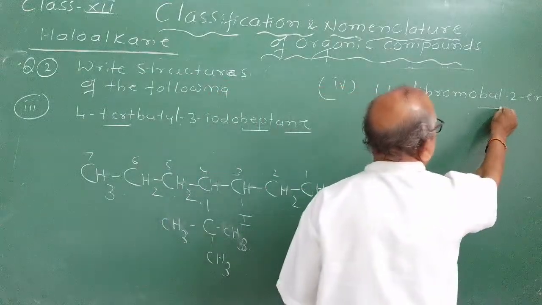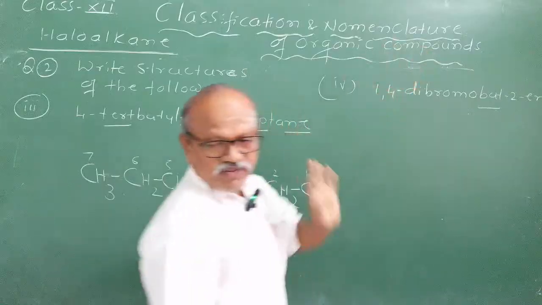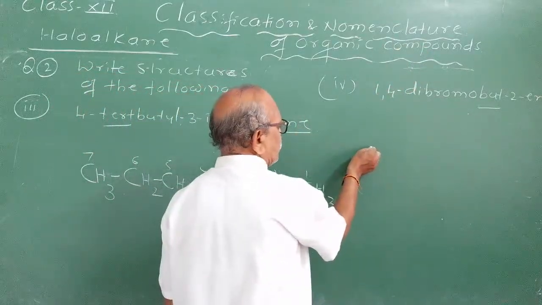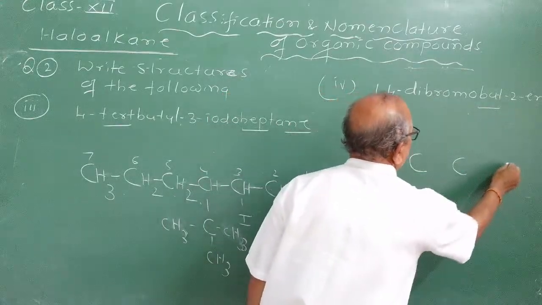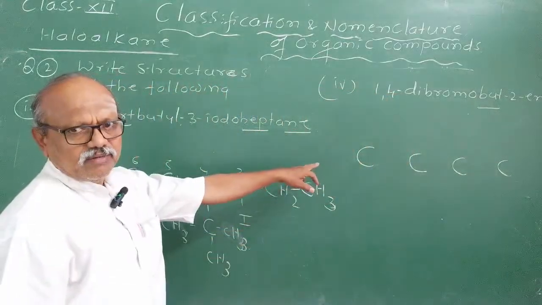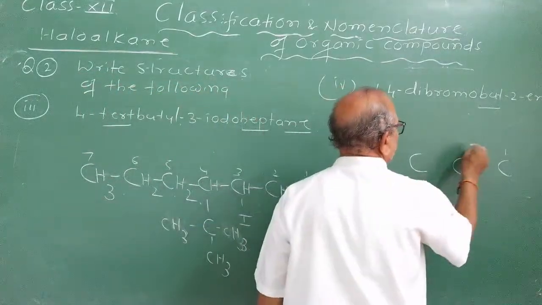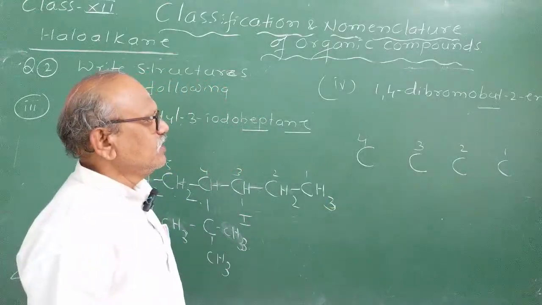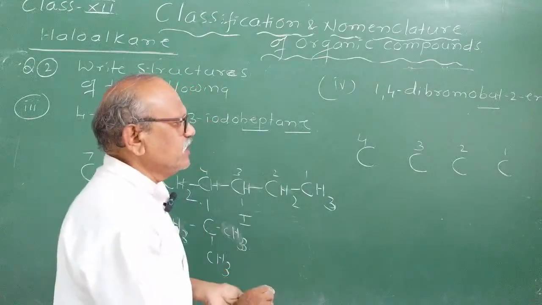Don't look at other things first. Look at the root word first. Root word is but, means how many carbon atoms do I have to write side by side? 1, 2, 3, 4. Use sufficient space for drawing the bonds. Better you fix one method, right to left. Don't change every now and then. Right to left you number it.